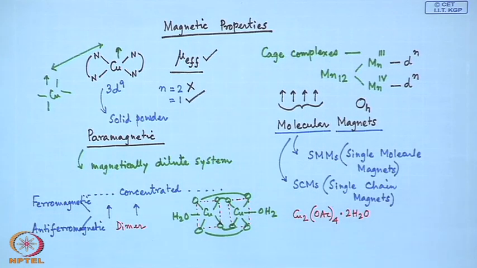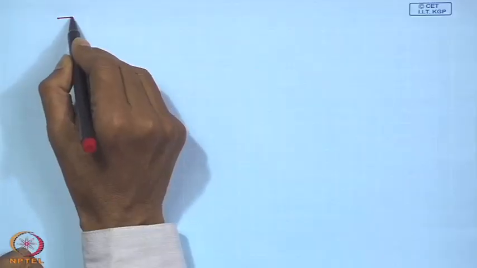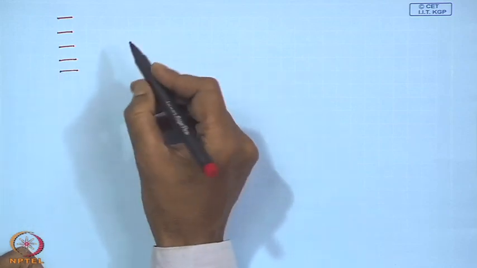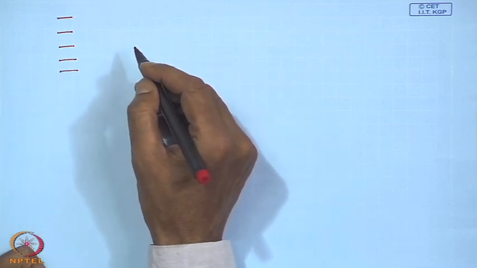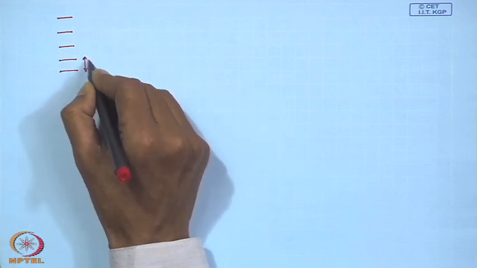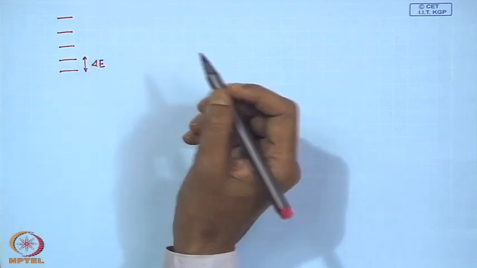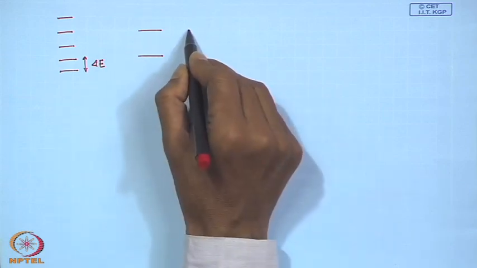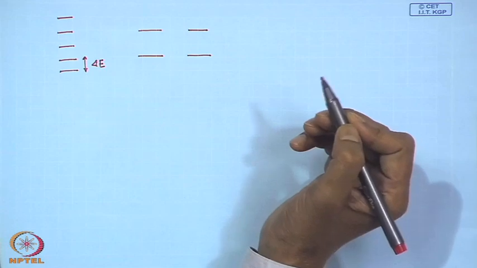So, how we can determine all these things basically depends on the different energy levels for these systems. We can have several energy levels for a particular structure of this electron distribution, and if they are separated by some energy value, say delta E, and we can have two such levels, we have two options for these two unpaired electrons on the two copper centers.